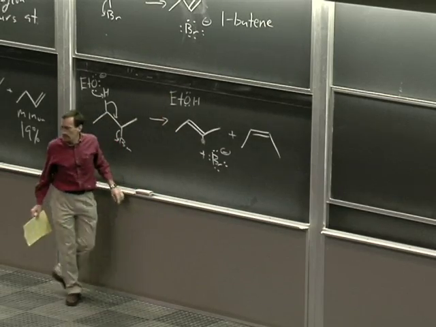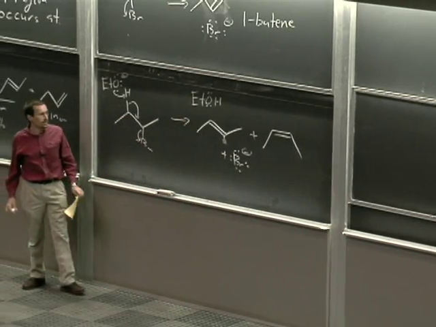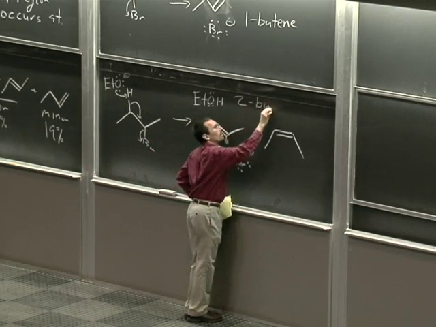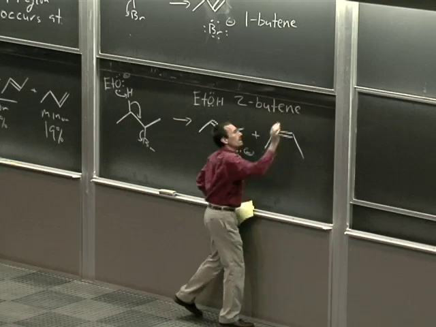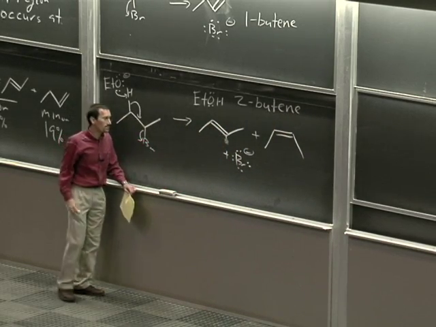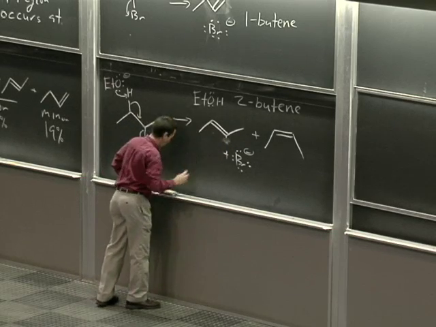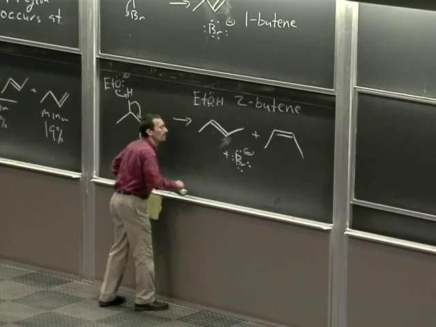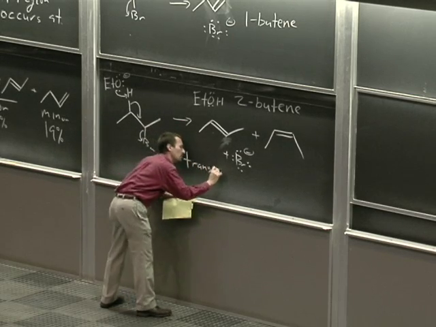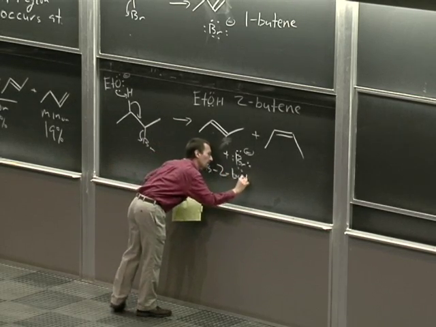These 2 stereoisomers are stereoisomers of 2-butene because we have the double bond connected to the 2 carbon. Specifically, this stereoisomer here is called trans 2-butene.